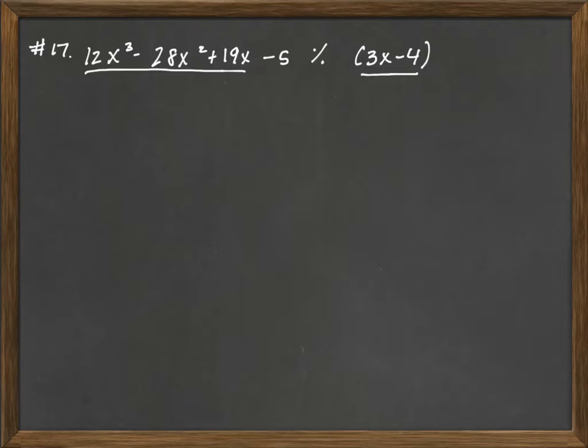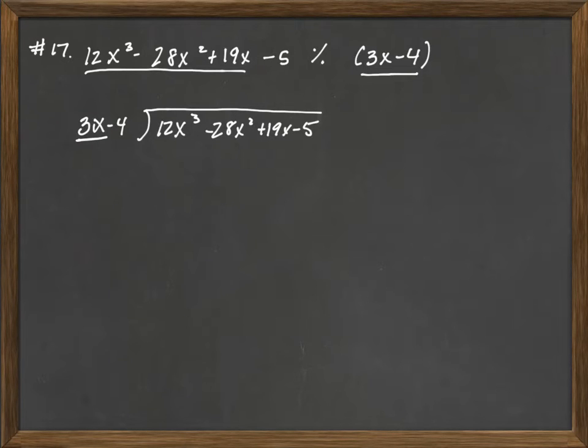Okay, so we're going to say 3x minus 4 goes into 12x cubed minus 28x squared plus 19x minus 5. I have all my terms, so I don't need to skip and put any zeros in there. First thing I say is 3x to 12x cubed would be a 4x squared.